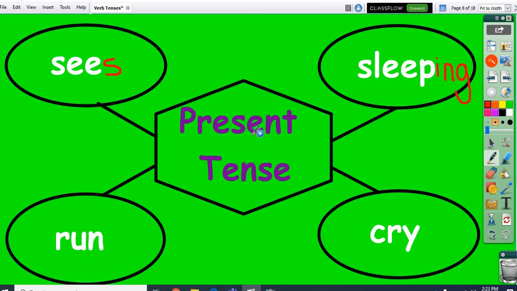But that's all you'd need to do to make the verbs present tense, that you're doing it right now. Or the boys run to catch the dog. The girls cry when you pull their hair. That all means that it's happening right now. The baby is sleeping. The boy sees a bird. Those are all things happening right now in the present.